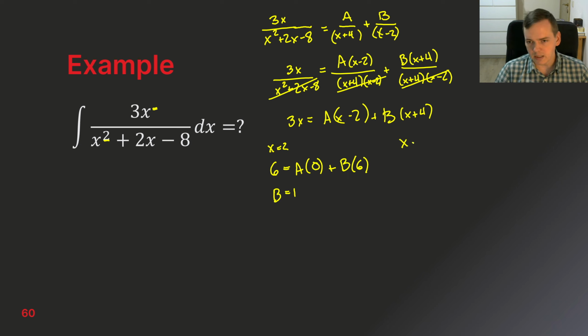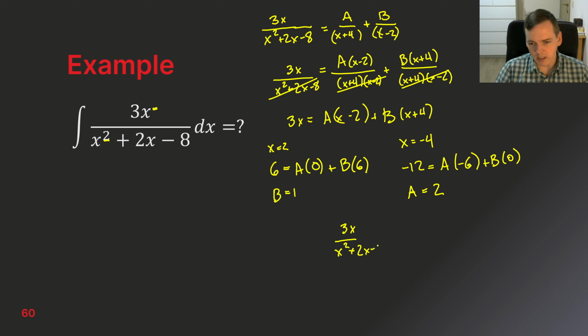And for x is equal to negative 4, I get negative 12 is equal to a times negative 6 plus b times 0, and I get a is equal to 2. So that means, like we had said before, 3x over x squared plus 2x minus 8 should equal 2 over x plus 4 plus b, which was 1 over x minus 2.